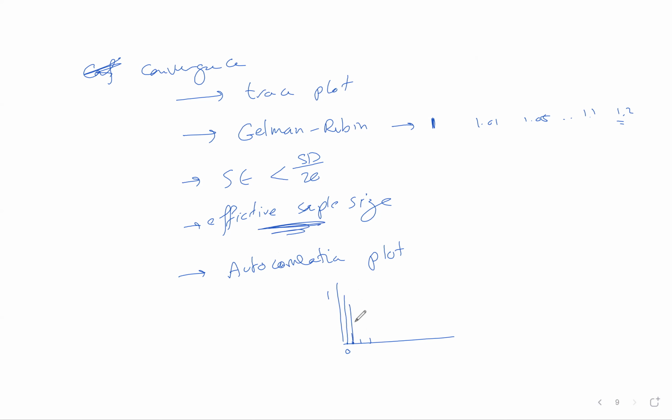But if you see this situation, it means there is some dependency in the random sample, and you found the effective sample size is small. So if you see this situation, you need to run the algorithm many times, like 10 millions of times or something, to get a bigger effective sample size, so you can depend on it in estimation and inference.